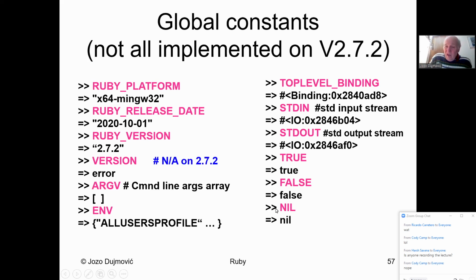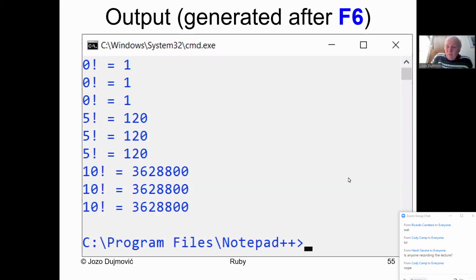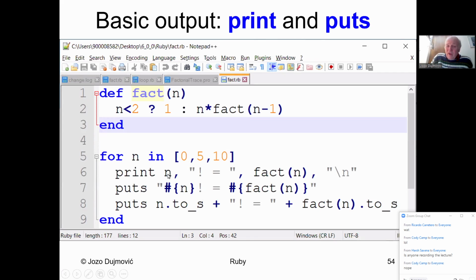Nil is interesting because nil is a global constant that is used to denote an object without value. So it is an object that has no value. If you print something, since the print command, like this one here, is only doing side effects, it is printing n and equal and factorial.